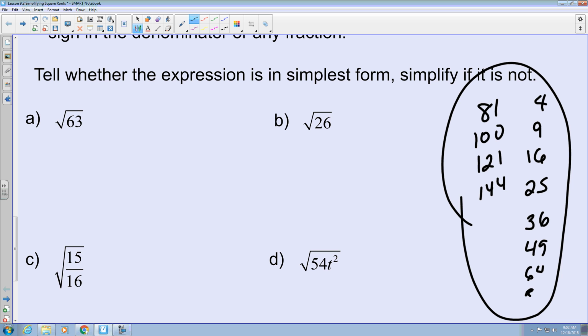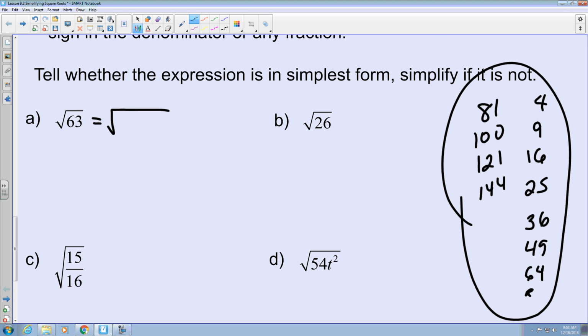So when it comes to these values, the first thing you have to do is ask, is 63 a perfect square number? I look at the list that we've made so far, and no, it is not. So what we have to do now is break up 63 into a product. Two things have to be taken into account. First off, we need two values to give me a product of 63, and the catch is one of them must be a perfect square number.